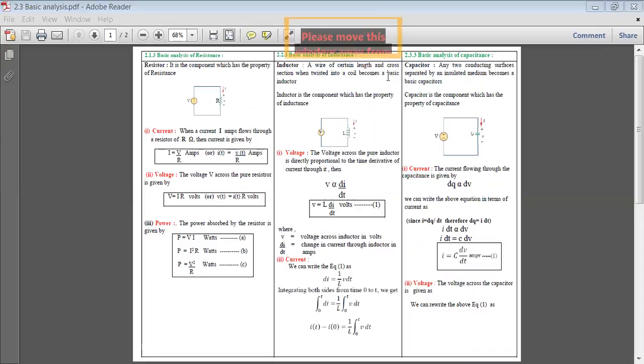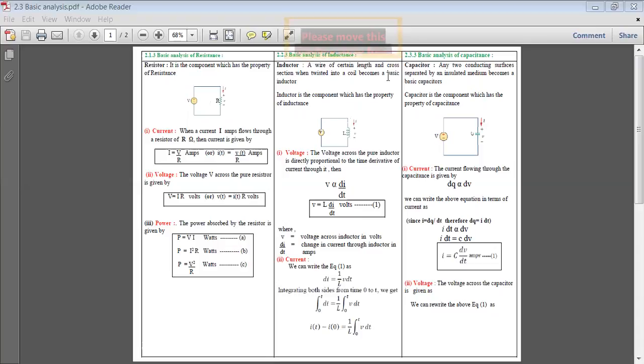Any two conducting surfaces separated by an insulating medium become a basic capacitor. A capacitor is the component which has the property of capacitance.